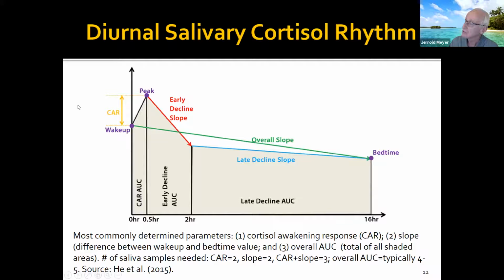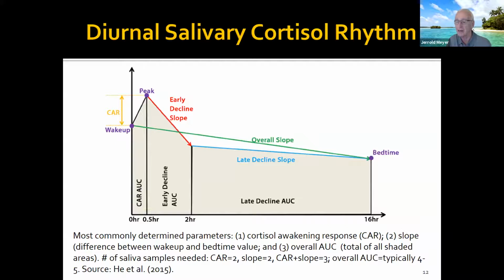And so literally, mathematically, you're measuring the area under the curve of the various time points of your measurements. So if you have a saliva sample here, in addition to this one and this one, the area under the curve would be defined by all of this grayish, yellowish area here. So we call that AUC, area under the curve.